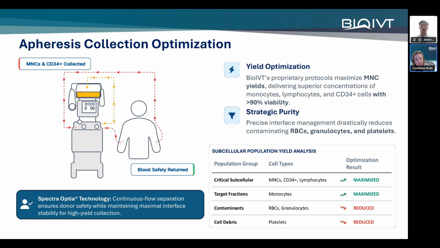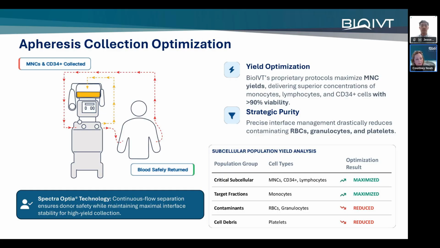BioIVT has grown since 1981 when we were first established, and we have decades of blood banking industry knowledge. That's what goes into the collection process and all the work that we do to optimize our apheresis collections. We have rigorous training and standardized collection protocols. We also partner very closely with the equipment providers.